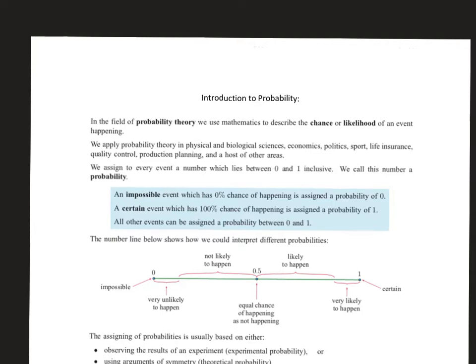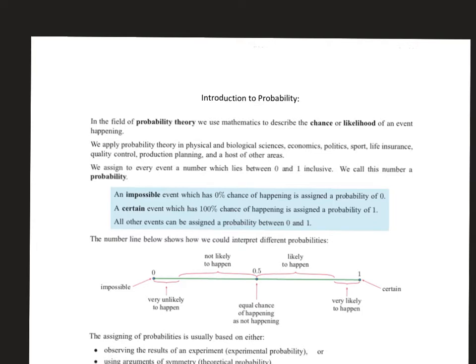So basically, probability is something that lies between 0 and 1. 0 meaning that the event will not occur at all, it has no chance of occurring, and 1 representing 100% chance of occurring. This means that we can represent probability as a fraction, as a percent, or as a decimal. We call the number that we use to represent the chance of something happening the probability.